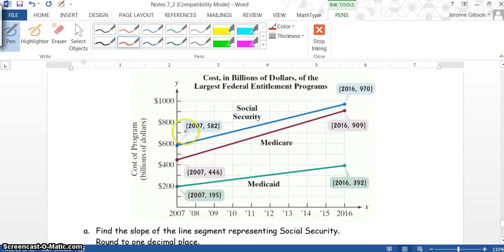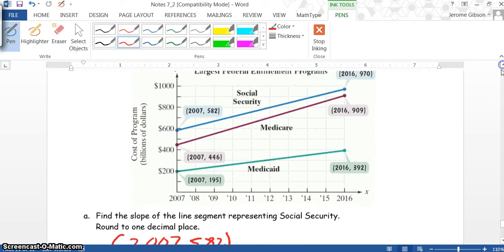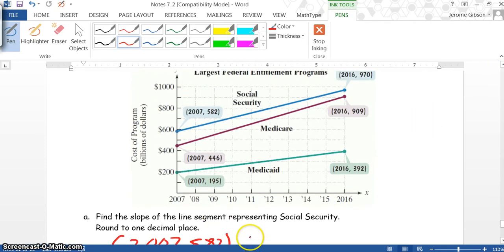Okay, so now we look here at Social Security. Now all we need is 2 points, and we have that. We have 2007 and 2016. So we had 2007, 582. There was 2016, 970.